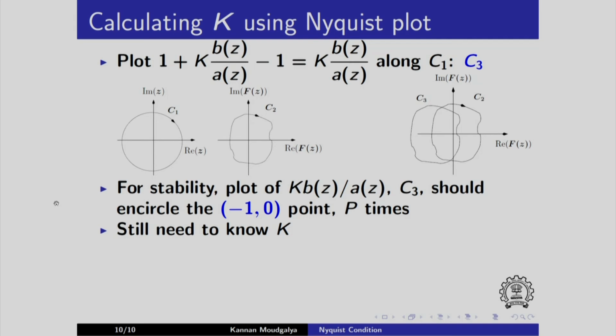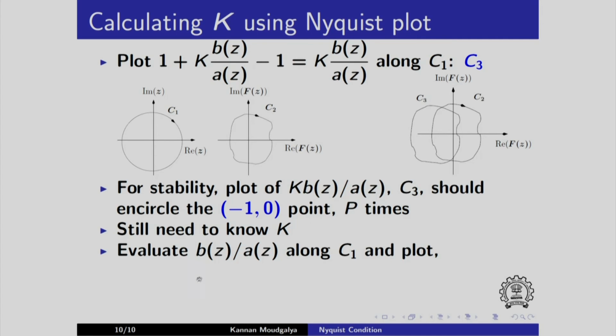Of course, we still need to know k, because I am saying evaluate kb by a at every point on C1. So how do we get rid of the effect of k? It is very easy, just divide this whole thing by k. So now at every point on C1, we evaluate b by a and plot it, plot the imaginary versus real.